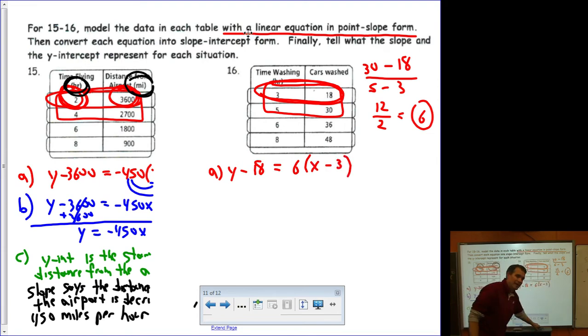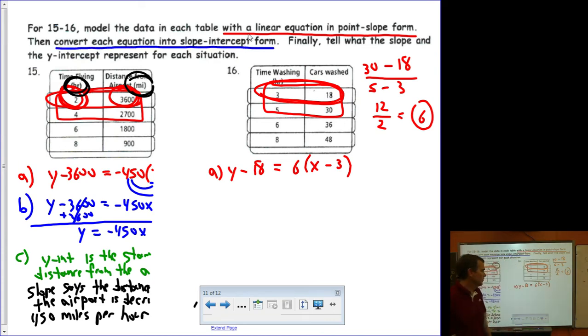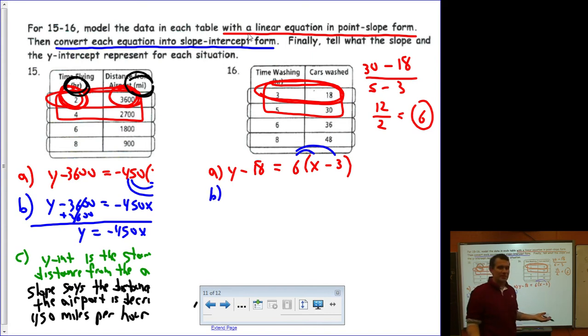All right, part B is saying convert that equation into slope-intercept form. So I would go ahead and distribute the 6. All right, to put it in slope-intercept form, I need to get the y by itself. You would get the y by itself by simplifying the right side and then adding 18 to both sides.